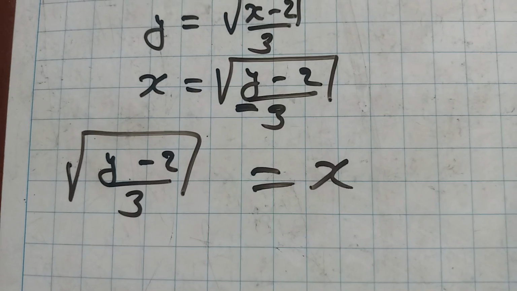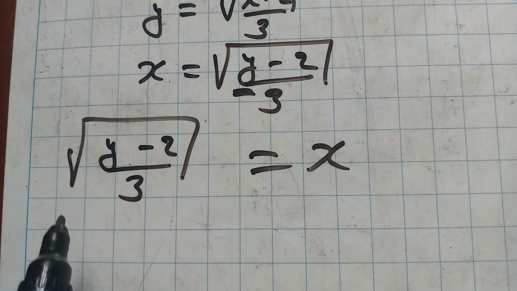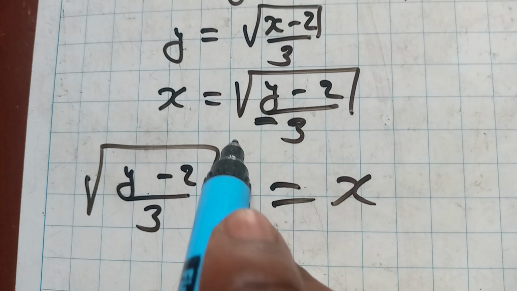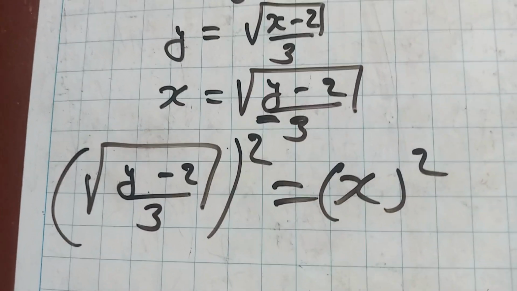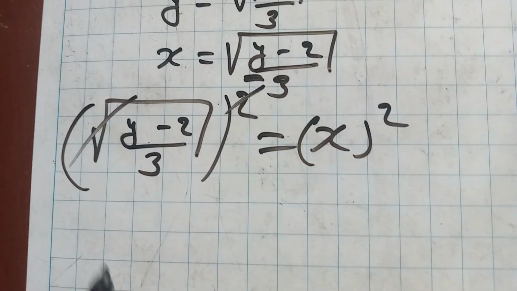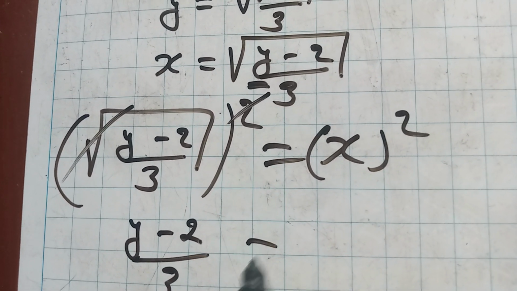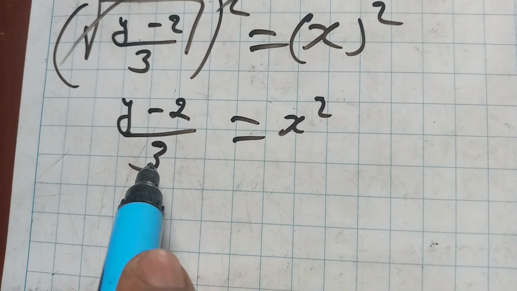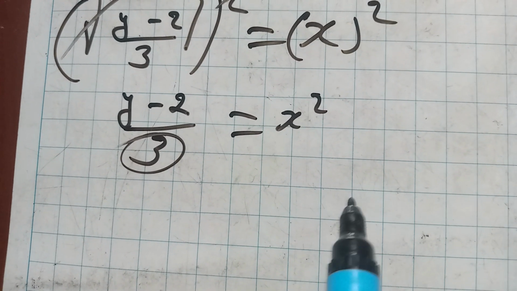We have to remove the sign of the square root. When you apply the square on both sides, this is squared and this also is squared. So they simplify to have y minus 2 divided by 3 equal to x squared. This 3 should be taken to the other side.